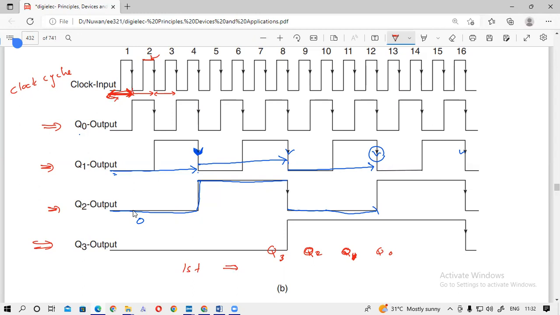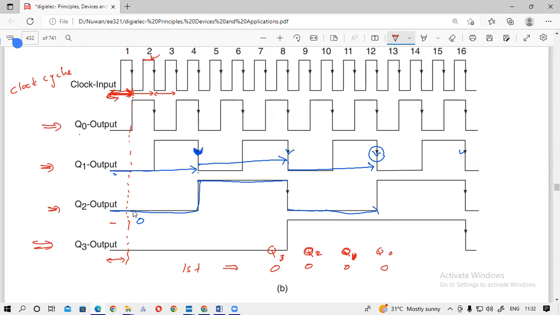So from here, this will be your first cycle. What are the values? 0, 0, 0, 0. Yeah, very good. So this will be the value at the first cycle.